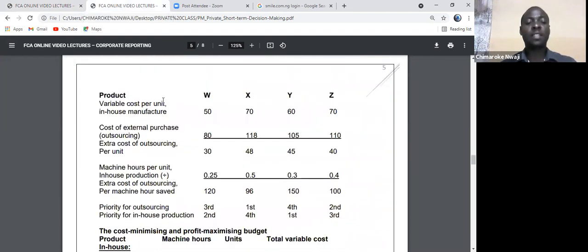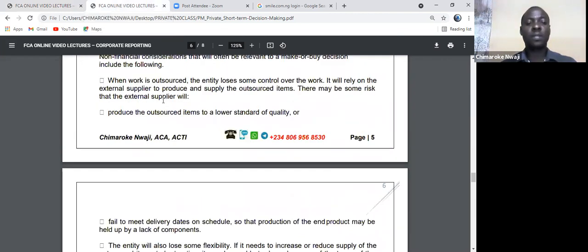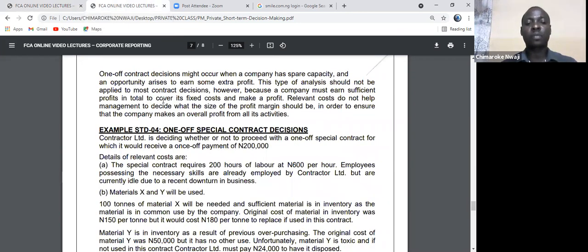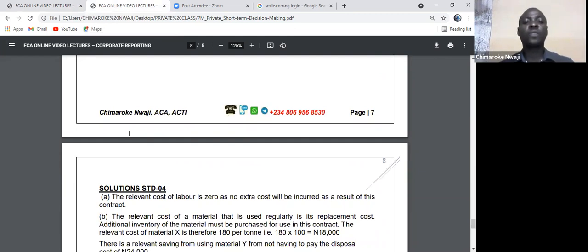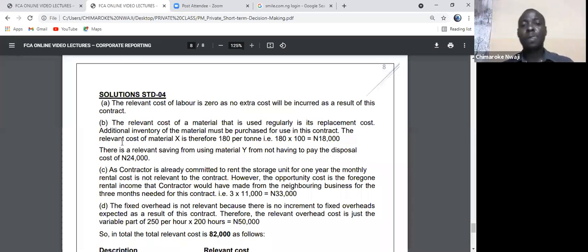So let's look at the comments. Now, the relevant cost of labor is 0, as no extra cost will be incurred as a result of this contract.